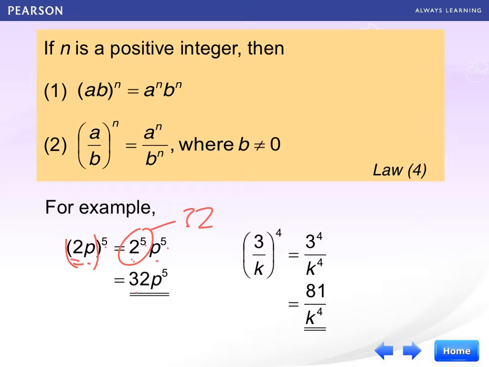And 3 over k to the power 4. In the fraction, because it takes the power 4, the numerator and denominator each take the power 4. And 3 to the power 4 is 81, so as a result it is 81 over k to the power 4.